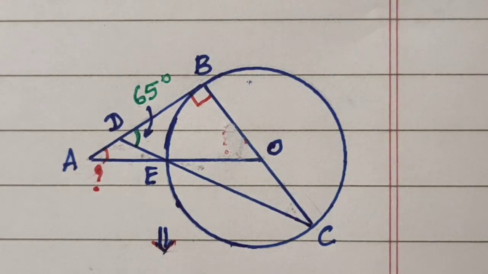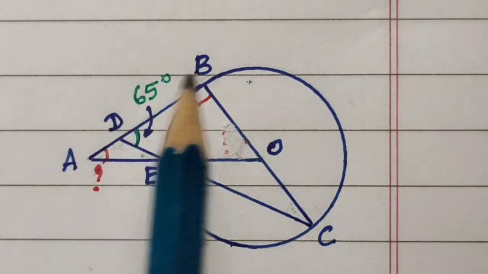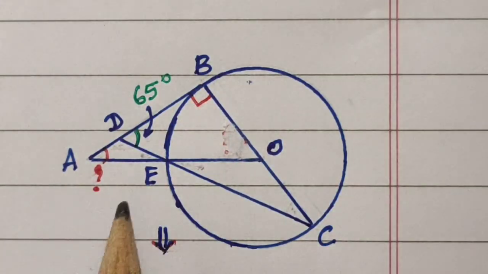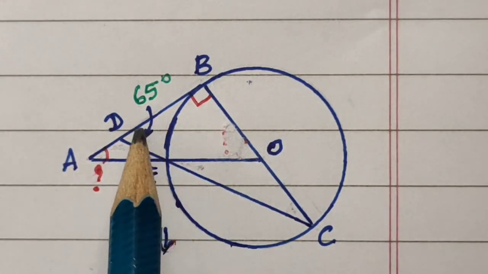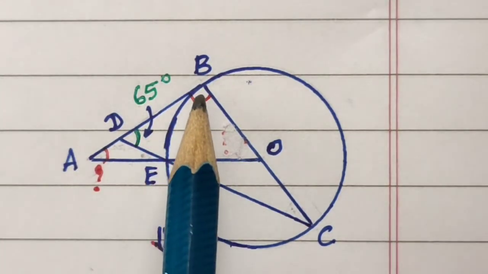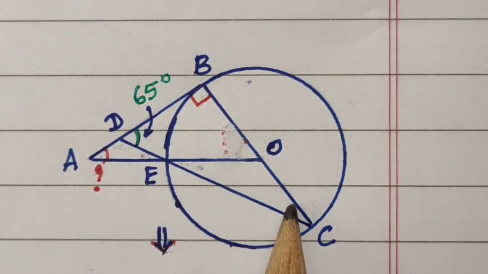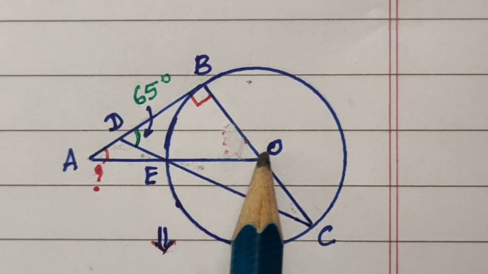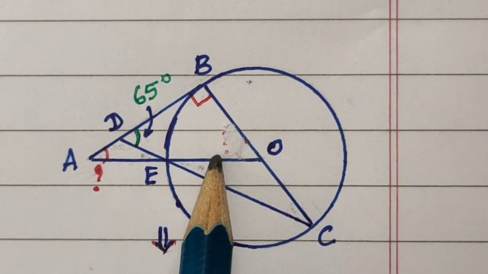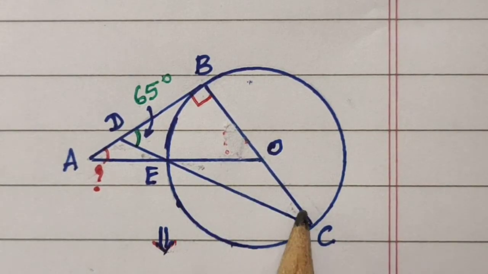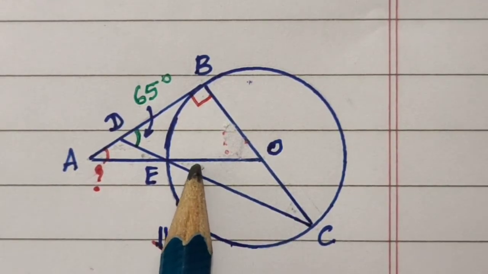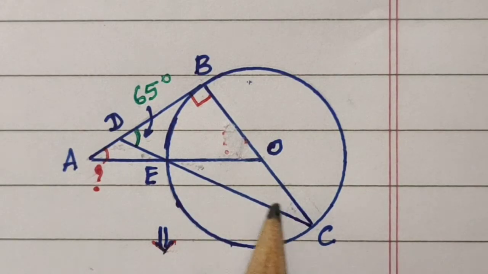Very easy. Let's recap it. They have given this circle and say this is a tangent, so this angle is 90 degrees. 180 minus 65 minus 90 will give this angle. In this triangle, these two sides are equal because they are the radius of a circle, and once they are equal, the opposite angles are equal. We found this as 25 degrees.